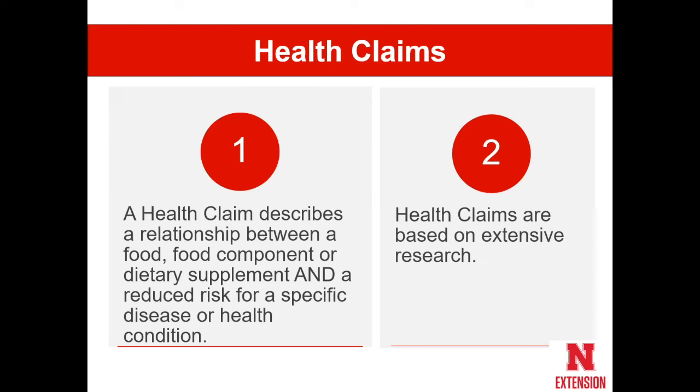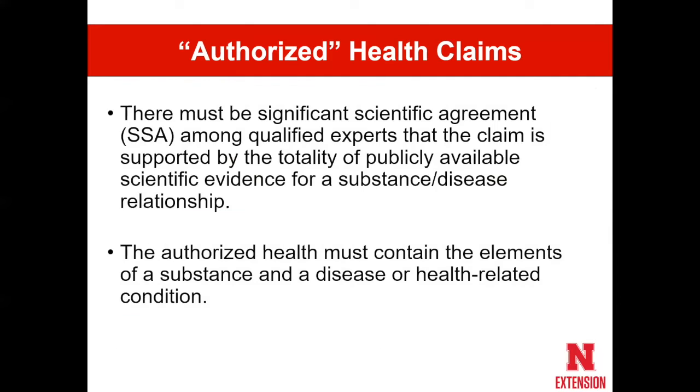The health claims are based on extensive research, and there's a consensus that there is an association between the food and reduction of a specific disease or health condition. So again, there has to be a significant scientific agreement to be considered an authorized health claim on food labels.